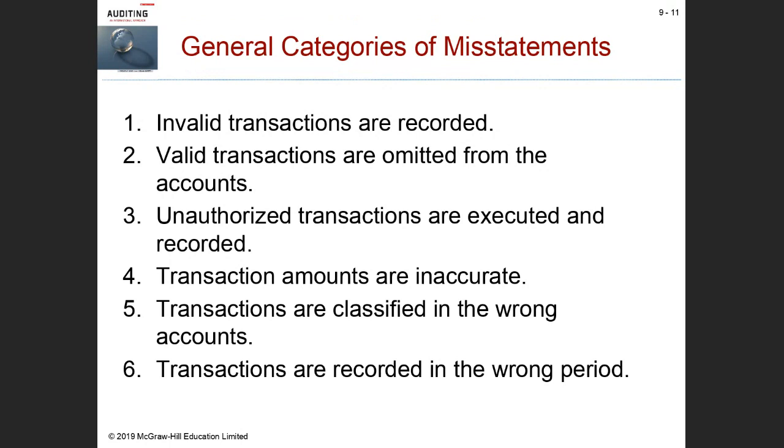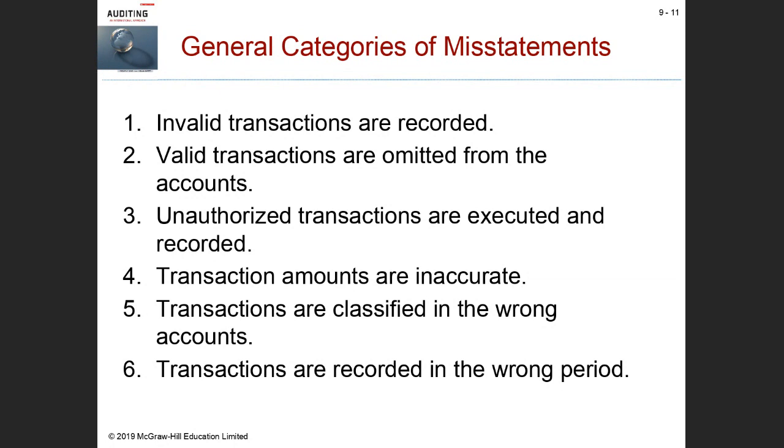We see a list of 6 general categories. When management teams design internal control systems, they do so to overcome or reduce the possibility of these 6 misstatements from occurring.